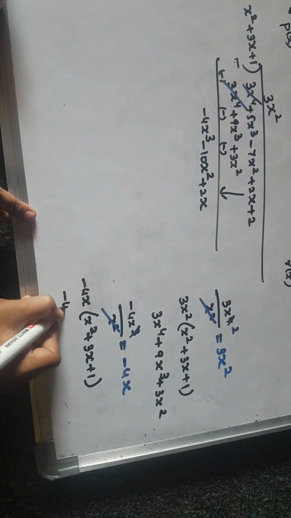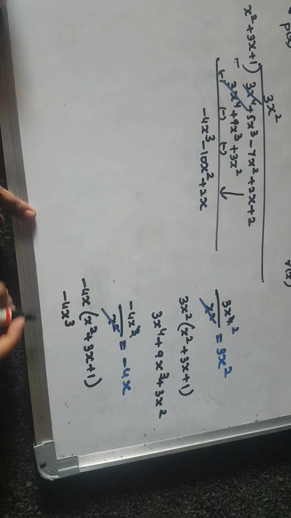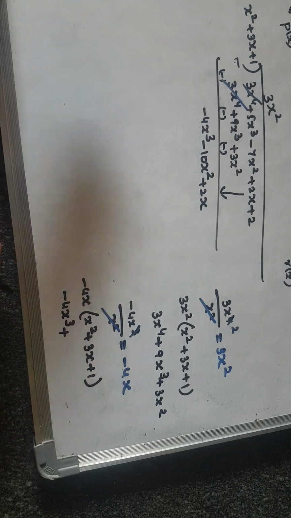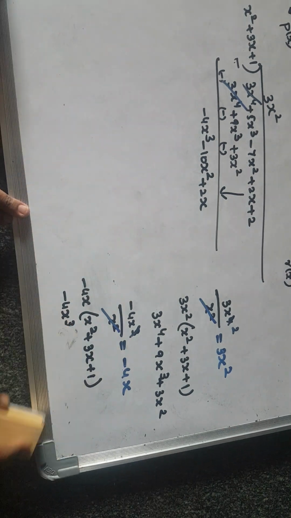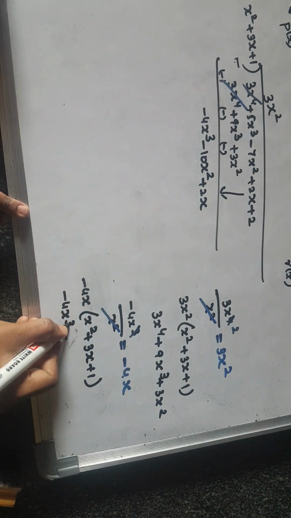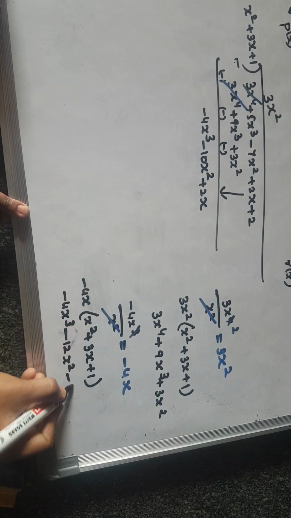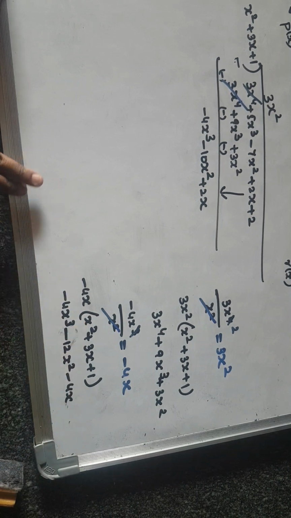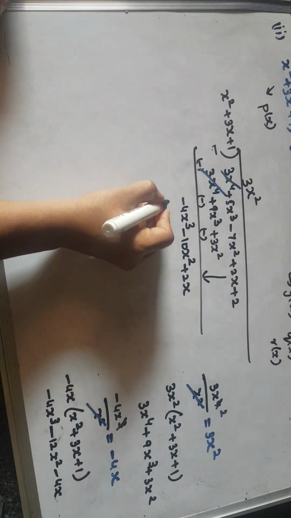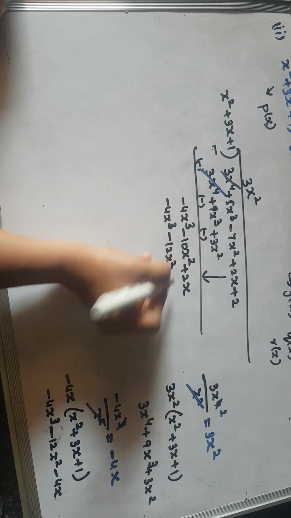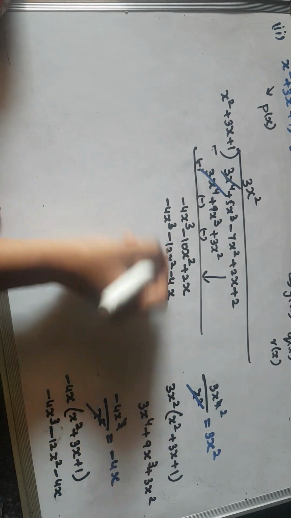Minus 4x cube, minus into plus is minus, minus 4 times 3 is 12x square, minus 4x. Write this value down: minus 4x cube minus 12x square minus 4x.